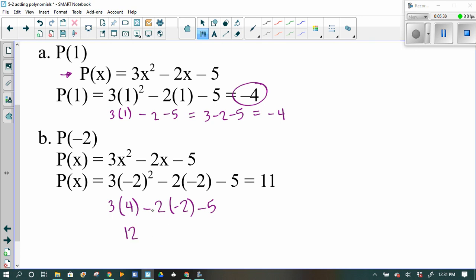Then minus 2 times negative 2, so negative 2 times negative 2 is 4, minus 5. 12 plus 4 is 16, minus 5 is 11. So that's where the answer comes from. You just have to plug in the value of x and then follow your PEMDAS rules.